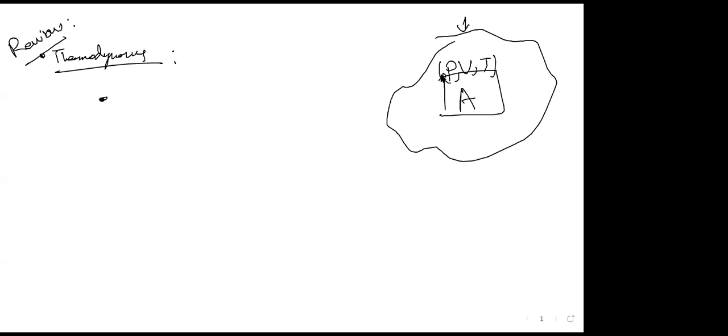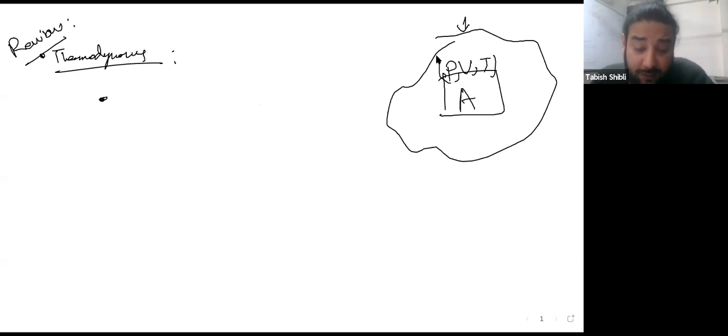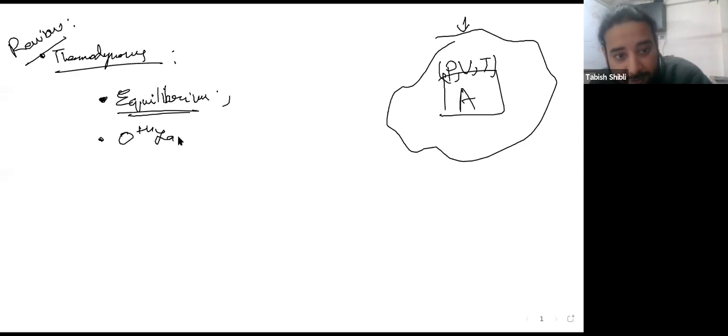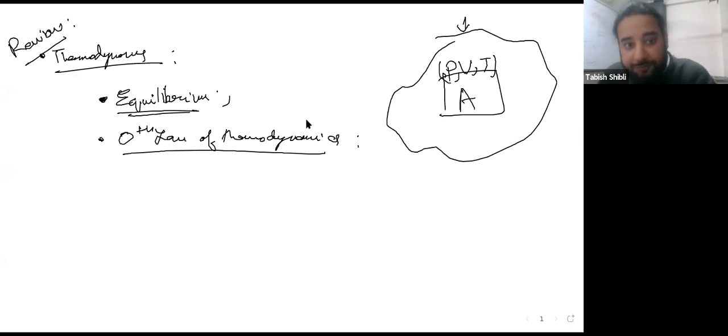Then we see the various ways in which energy can be supplied to the system and how does the system react. No, no, but before that, in thermodynamics we do something very, very important. We define something called equilibrium, right? And once we've defined equilibrium, we directly jump to the zeroth law of thermodynamics, because that is what the zeroth law is talking about.